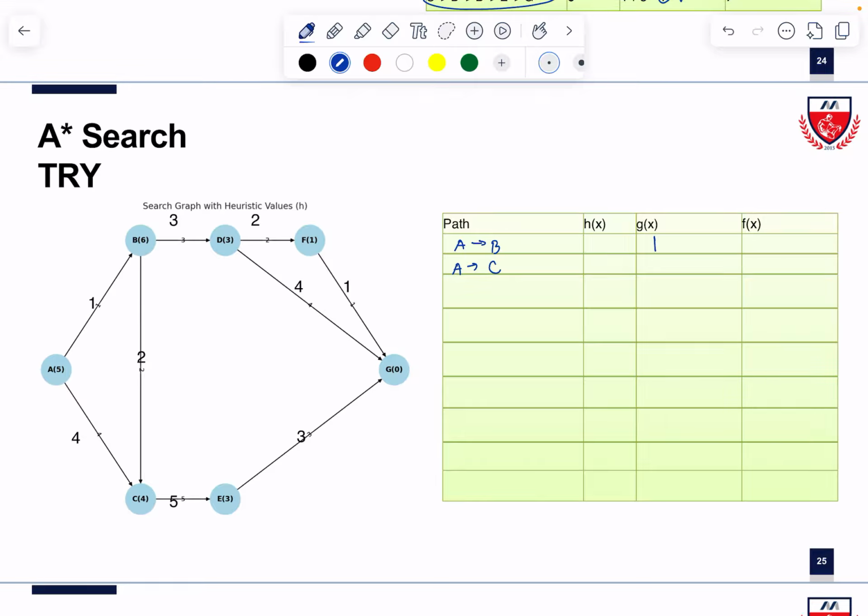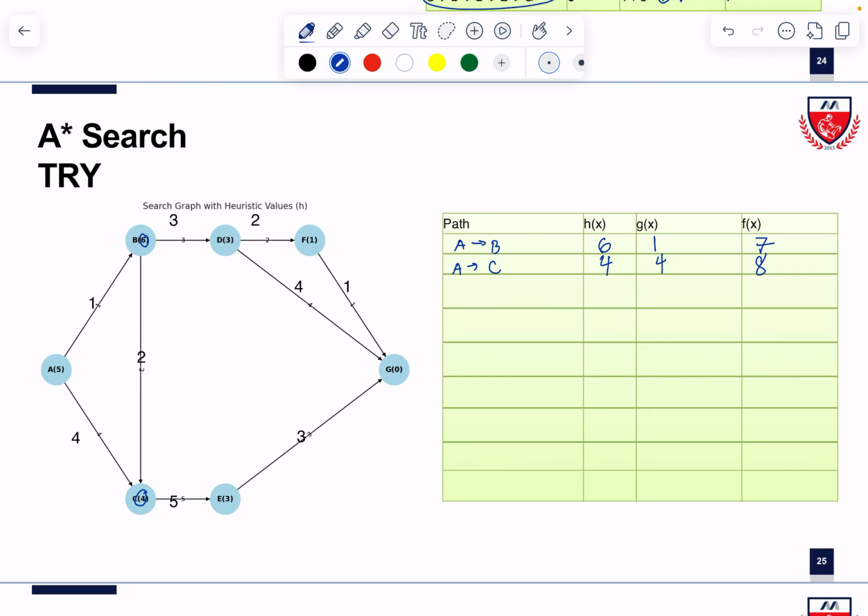But the heuristic cost is 6, that becomes 7. From A to C, that is actual cost is 4. But the heuristic cost, kani 6 ang heuristic. So kani siya is 8.